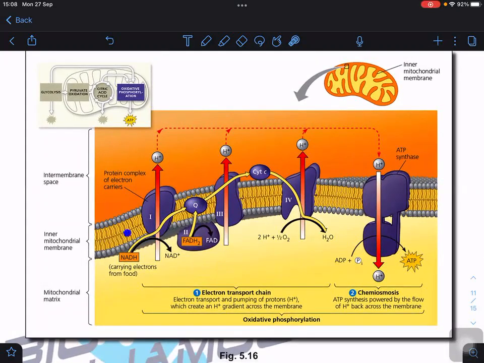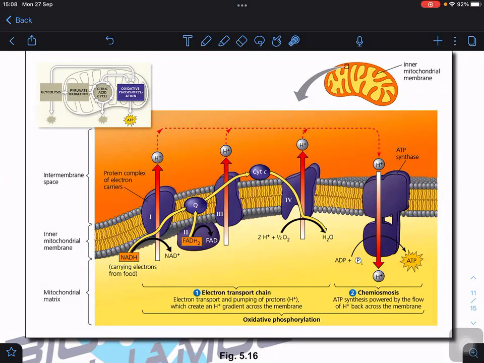At the inner mitochondrial membrane, you can see that we have what we call electron carriers. The purple proteins here are termed electron carriers. A series of electron carriers forms a chain, which is termed the electron transport chain.